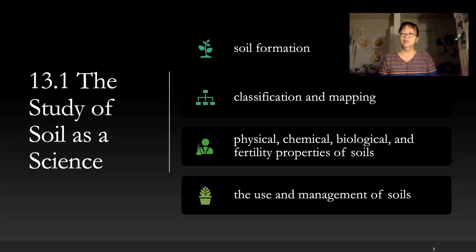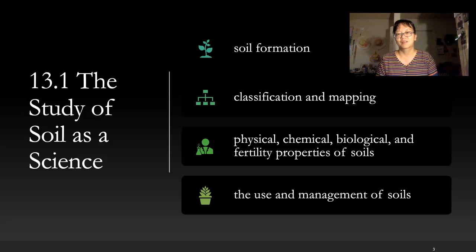So what do we study, and why do we study soil as a science? It has other complicated names like agronomy and all those complicated names of soil science.